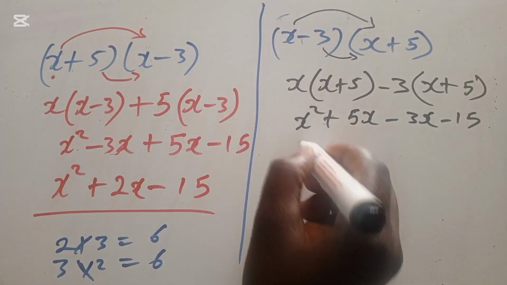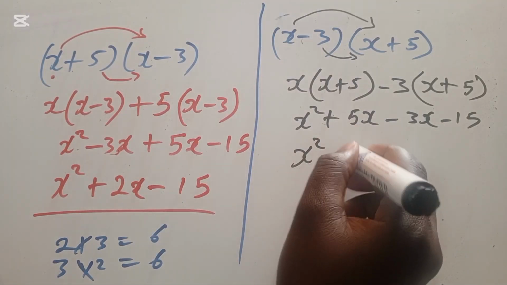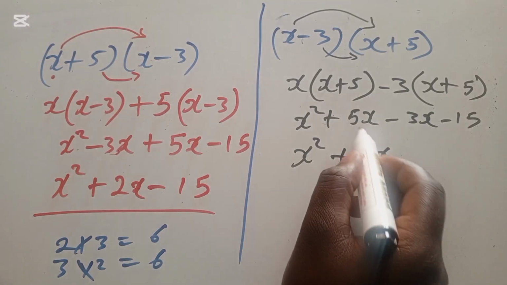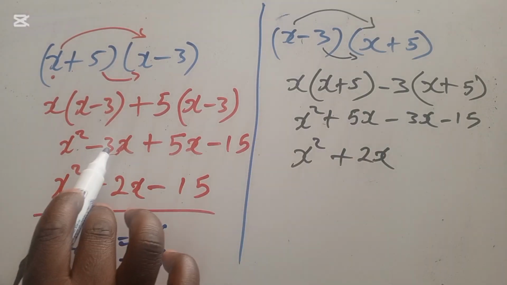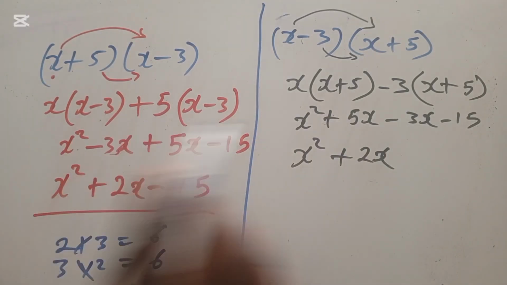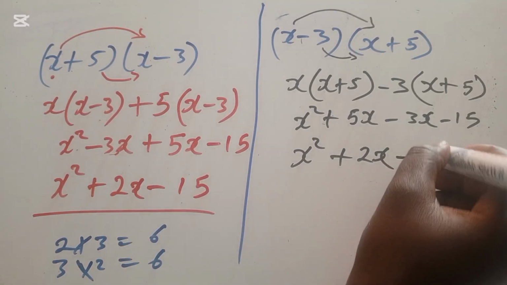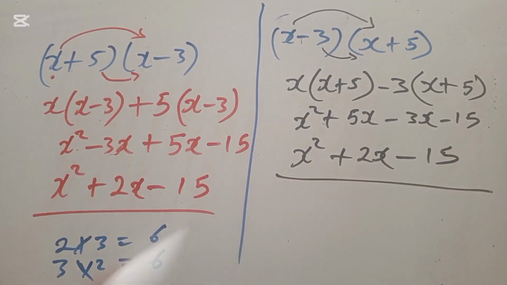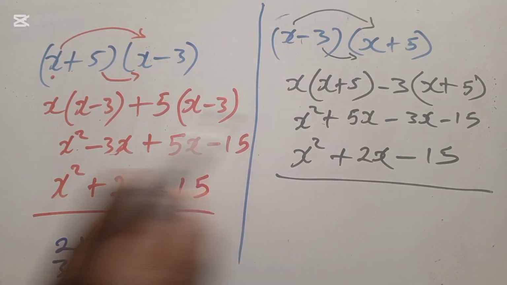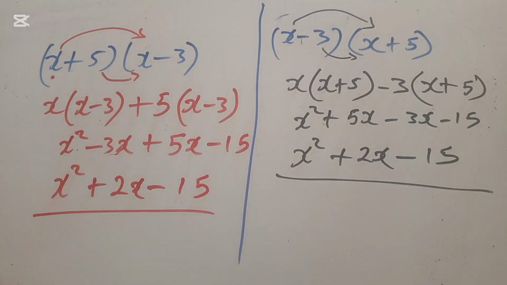And then we put like terms together, so you have x squared plus 2x, 5 minus 3, here we had negative 3 plus 5. So 5 minus 3 is 2. Then minus 15. Do you see? We have the same answer as what we had here. This was our final answer. So you can look at these questions and see how best you can revise.